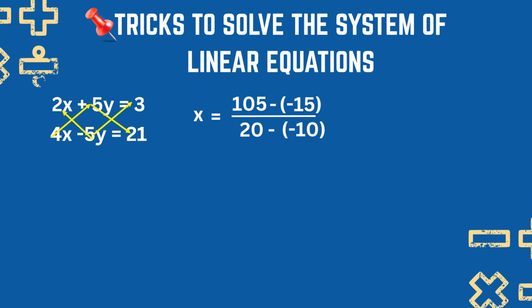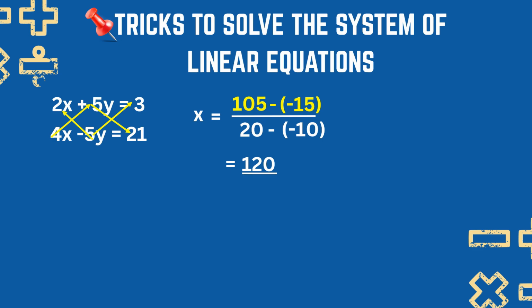So this is how we're going to solve for x. Then we're going to simplify. So 105 added to the product of negative and negative 15, which is equal to positive 15. So we have 105 plus 15. This is equal to 120.